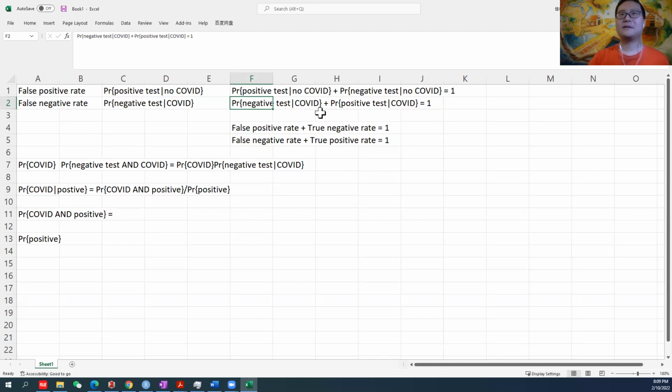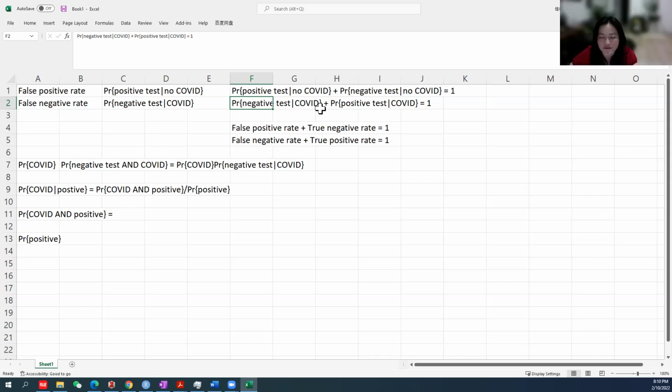So the base population, the surveyed people here, are only people who actually have COVID. Whatever happened to people that do not have COVID won't matter. So among this small portion of the population, what's the chance of getting a negative result? That's what a false negative rate means.